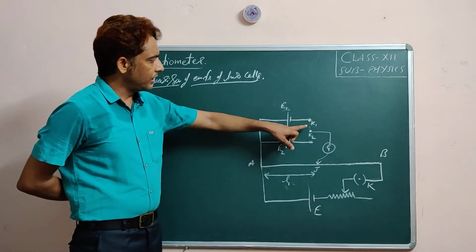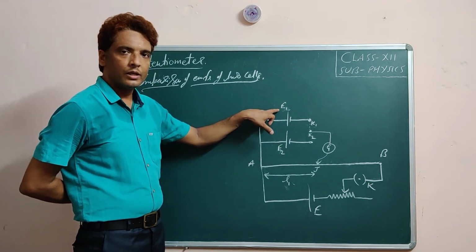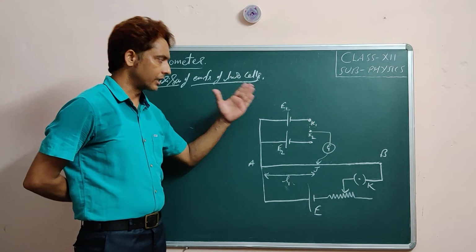So when I close key K1, the cell of EMF E1 is introduced in the circuit.